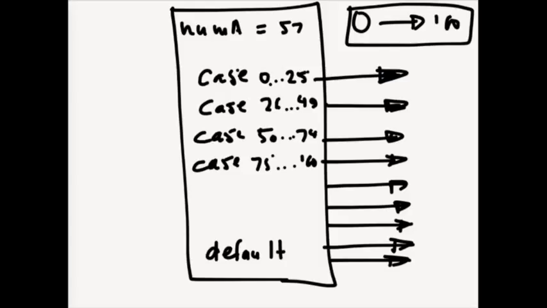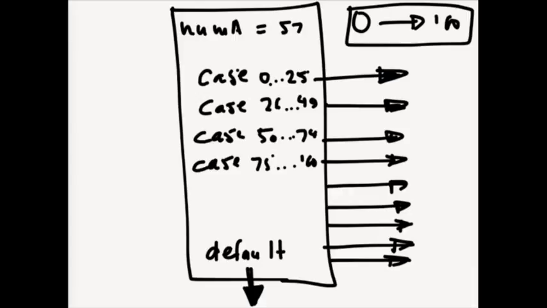If the numbers were not between 0 and 100, like if we had negative numbers or numbers above 100, we could set a default case. So if it didn't meet one of these conditions and the number was outside of the range, we could get it to output something if the number was not within the range. That's called the default case.